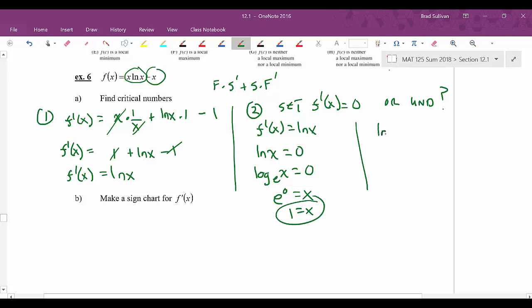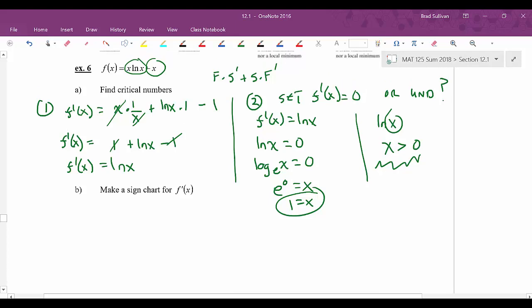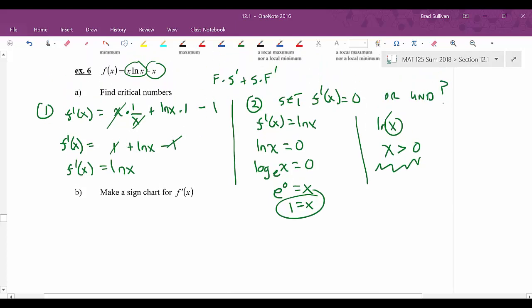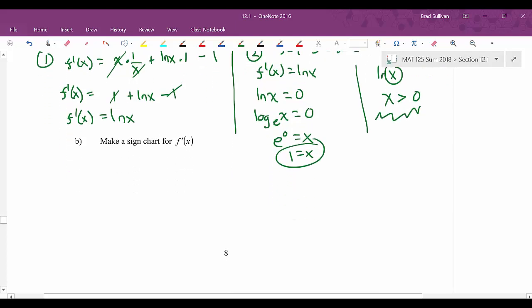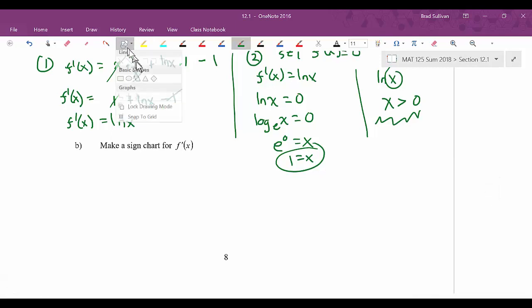Undefined, well, if you look at ln of x, first of all, x has to be greater than 0. You can only do a logarithm of a positive number. Okay, so when we do our sign chart, we're going to only consider positive x's because the function's undefined if x is negative. So now what we're going to do is do our sign chart.